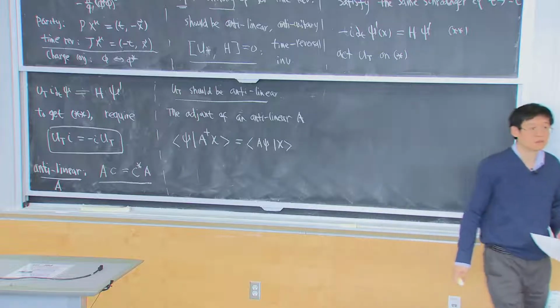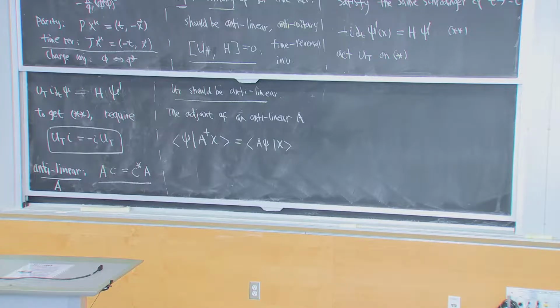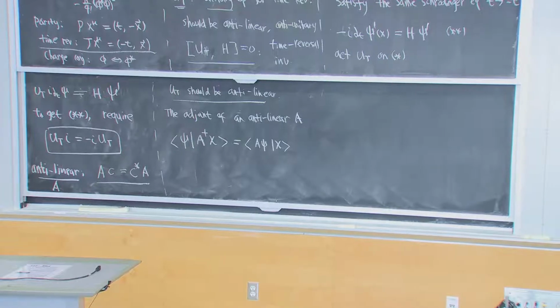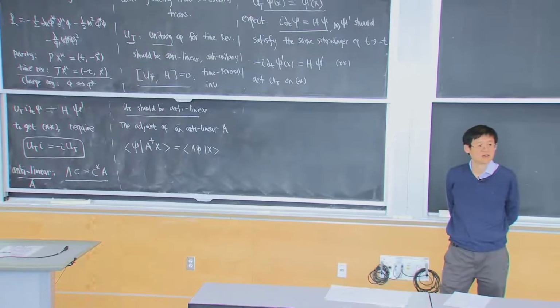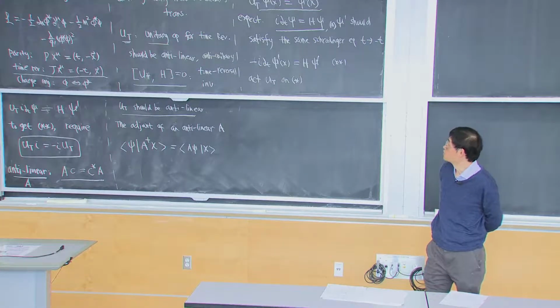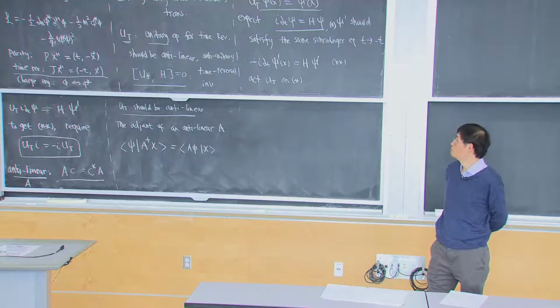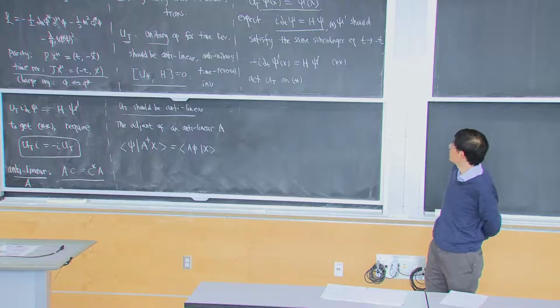Yes? I'm a bit confused about how you deal with scalar multiplication being non-commutative. Why couldn't you just say that UT and H anticommute?